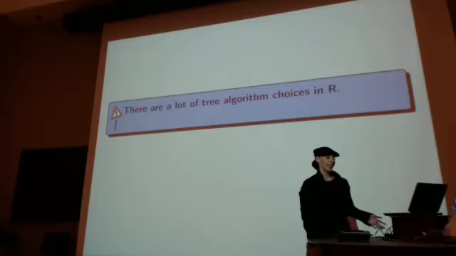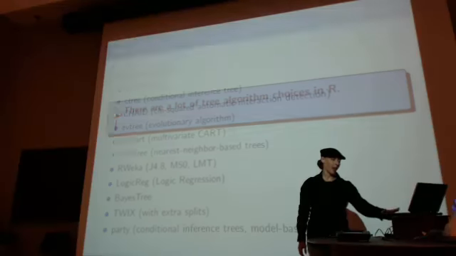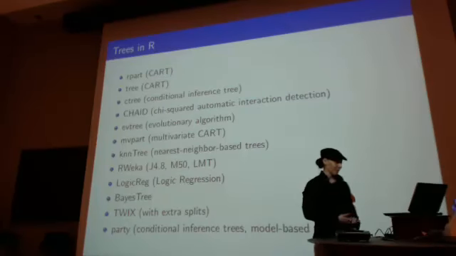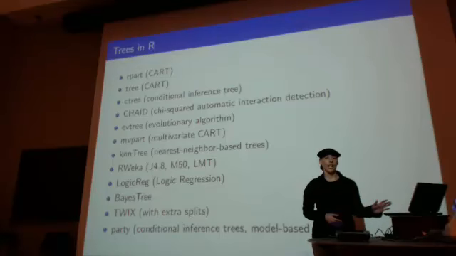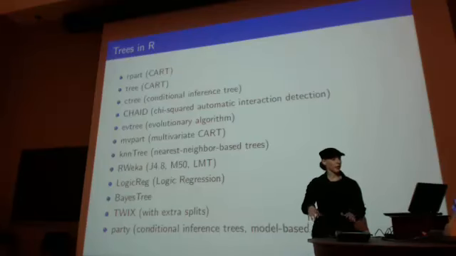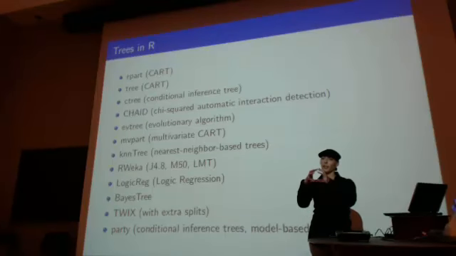There are a lot of tree algorithm choices in R. Here's only a couple of them. We're going to look at the top one. But there are a lot. And some of the code that I have on the Clickfox website has some examples of running and building some of these other trees. I especially like the evolutionary algorithm concept because, kind of what we talked about earlier, the tree has that first split to maximize the purity of the two child nodes.